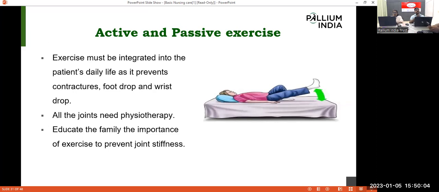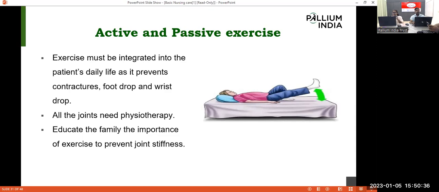Then active and passive exercise. The patient is already in the bedbound stage. Maybe the patient has upper body strength, or maybe the patient is totally bedbound, which means passive exercise. If the patient is able to do any exercise actively, we need to train them; otherwise, family members need to be trained to give passive exercise, because this exercise is very important.